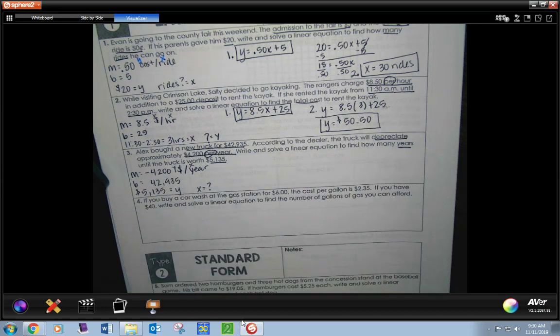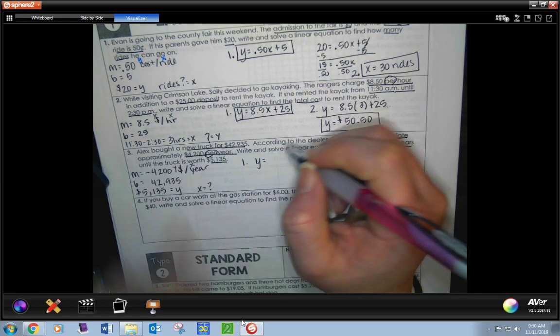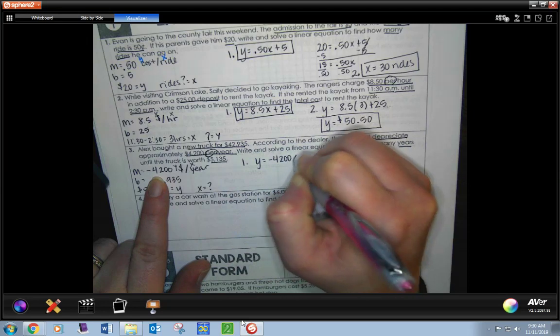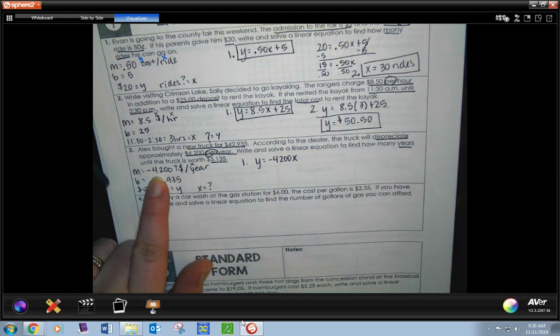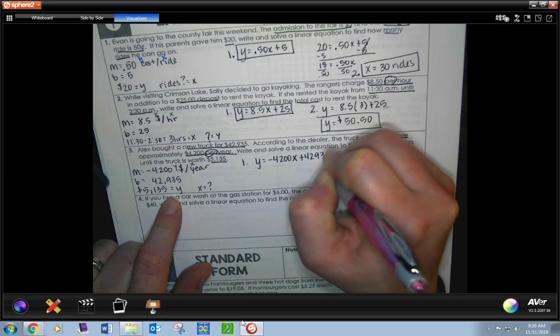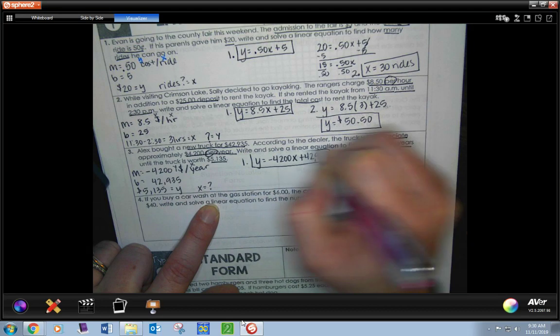I have to find X. Okay, step 1, write the equation. Y equals, M is negative $4,200 with X, because M always goes with X, plus 42,935. There's step 1, write the equation.